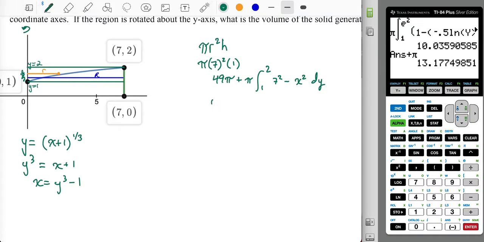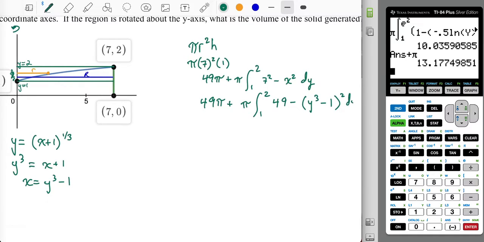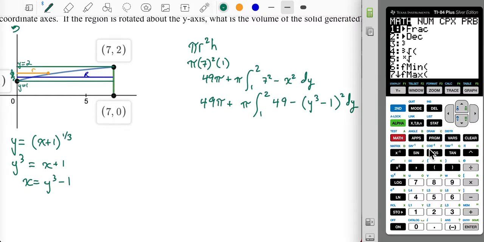So we're looking at 49 pi plus pi times the integral over the interval of 1 to 2 of 49 minus y cubed minus 1 squared dy. And then calculator work. You can simplify it a little bit before going to the calculator if you like, but not necessary.